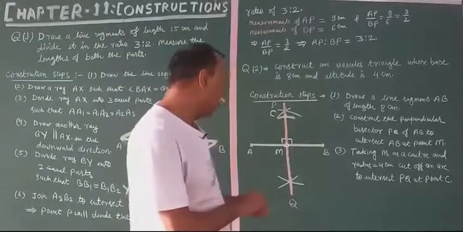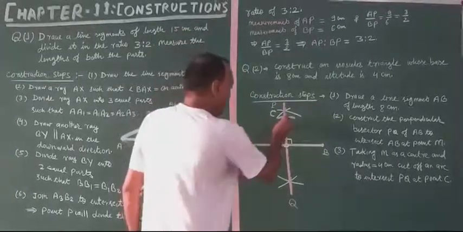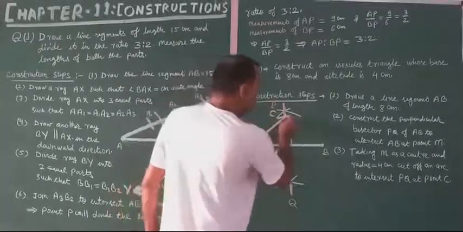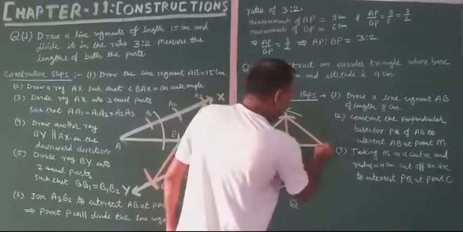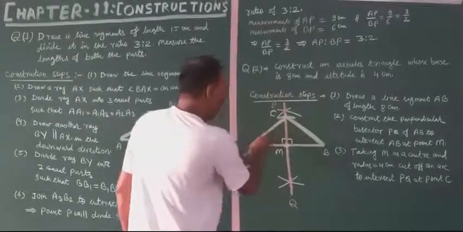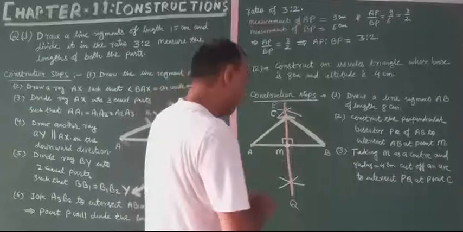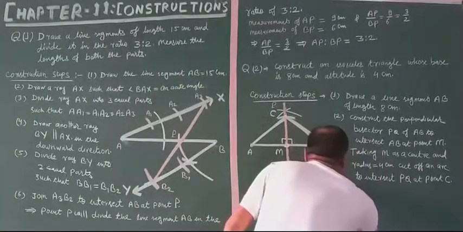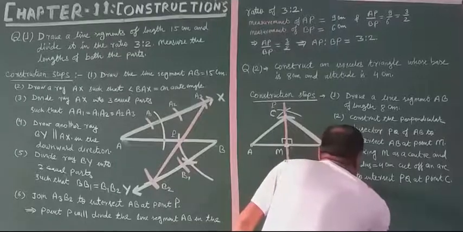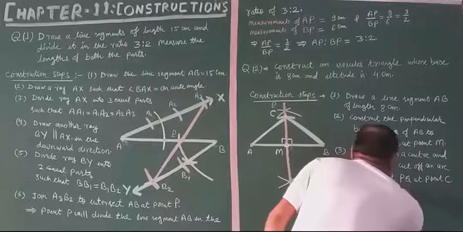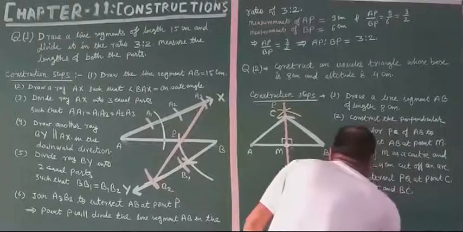And the final step, we will join them. Join AC and BC. This is step number 4. Join AC and BC.